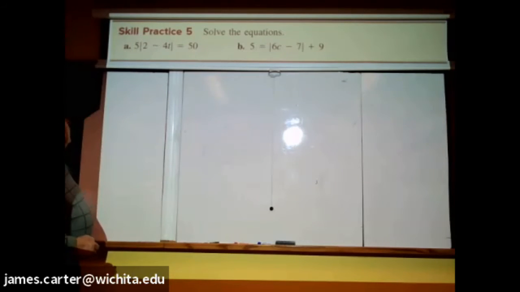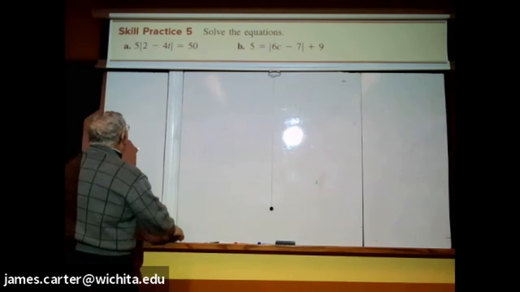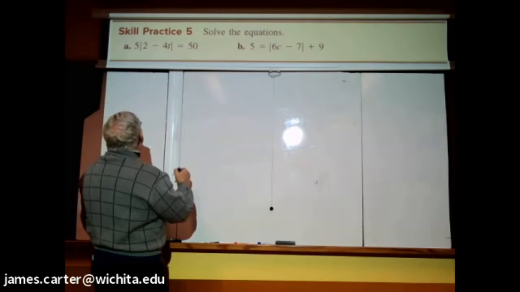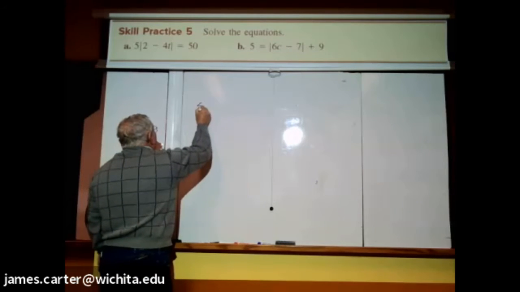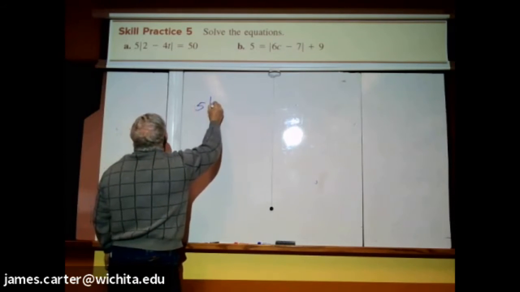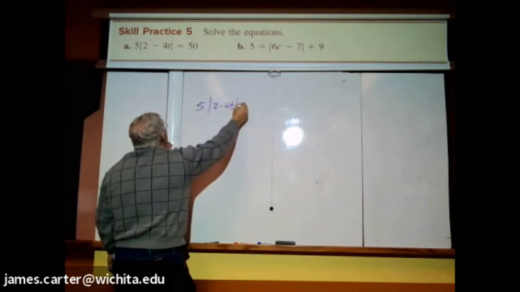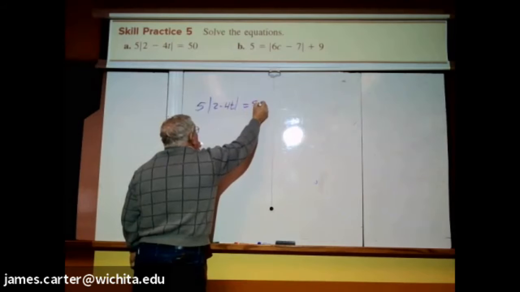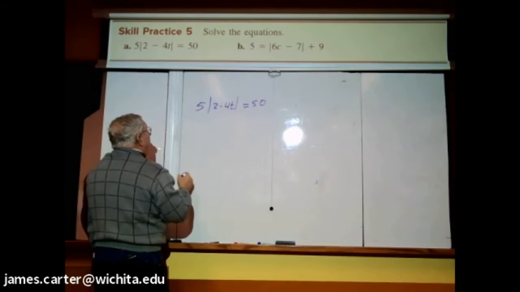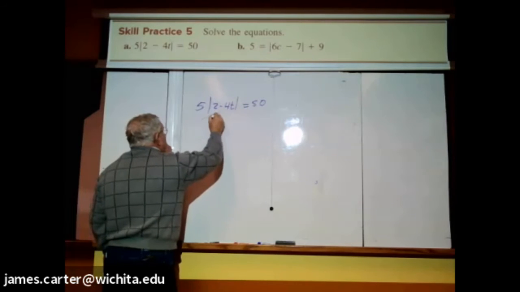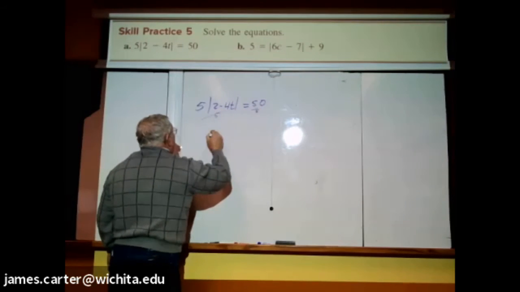Okay, here are a couple more problems. Five times the absolute value of 2 minus 4t equals 50. First thing I want to do is divide both sides by 5.